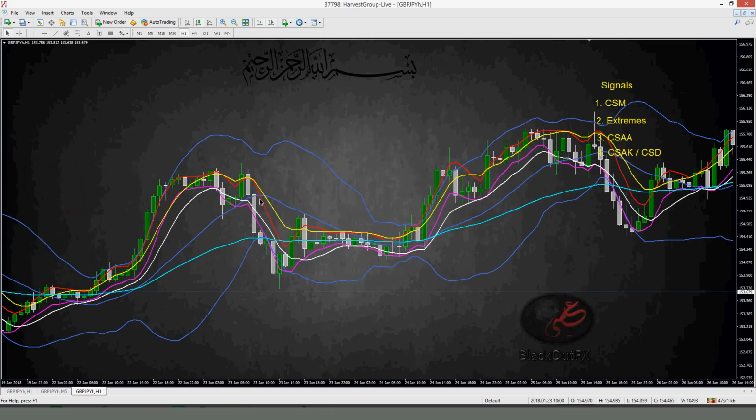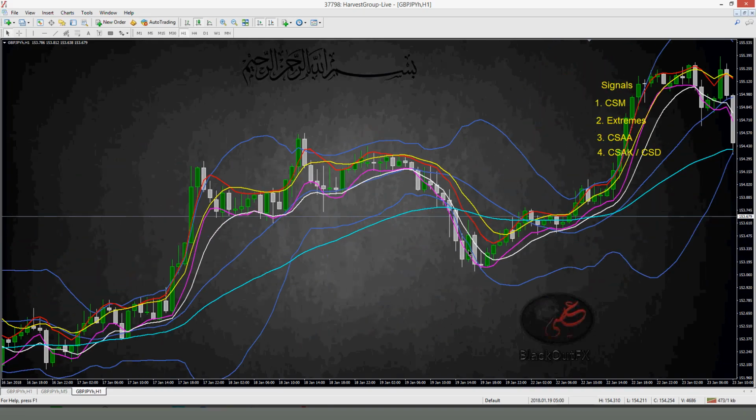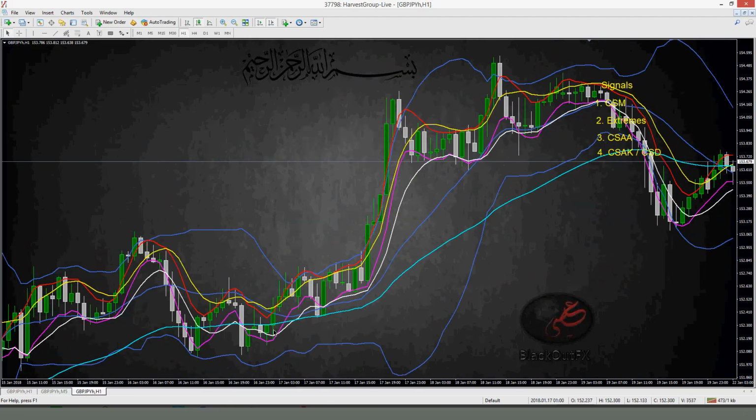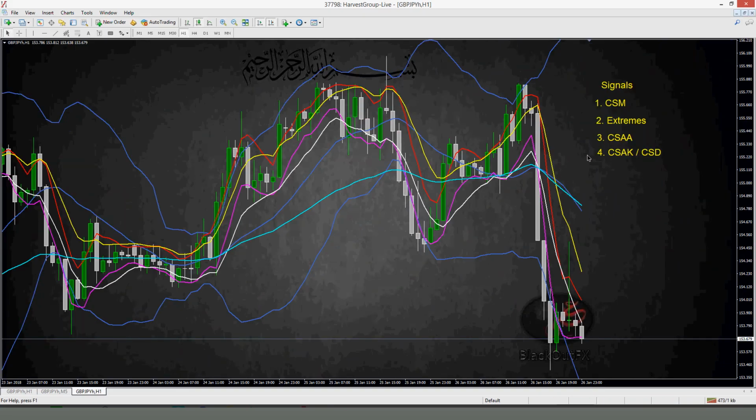Over here we have candlestick direction through MA 5, 10, and middle BB, and for buy, we have this candle over here. Let's go for another example. Over here as well, candlestick direction buy. It breaks mid BB, MA 5, MA 10. All right. So I hope that the signals you guys are all familiar with.